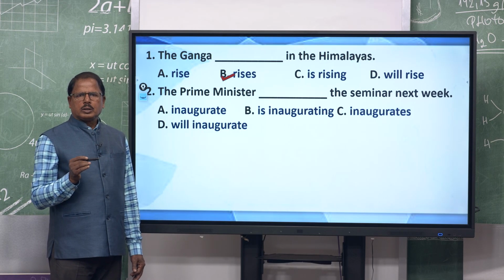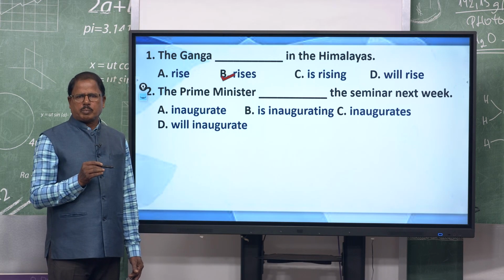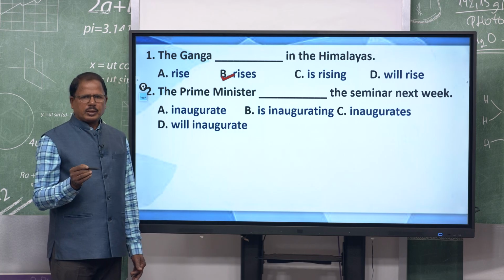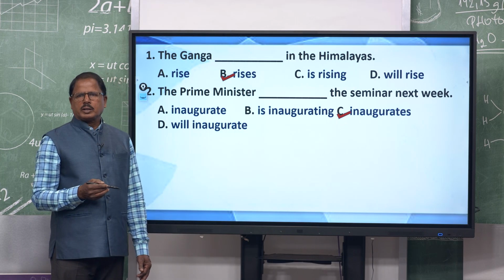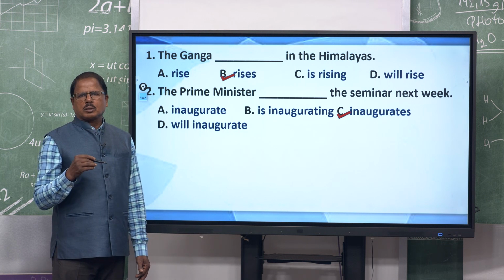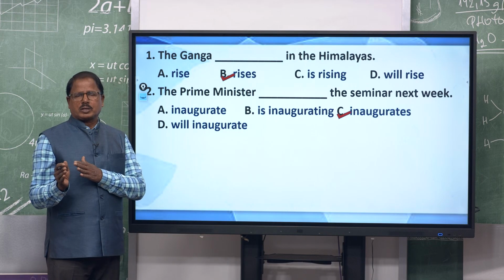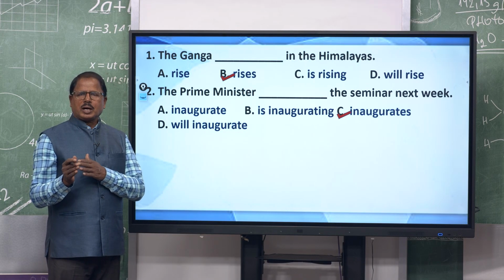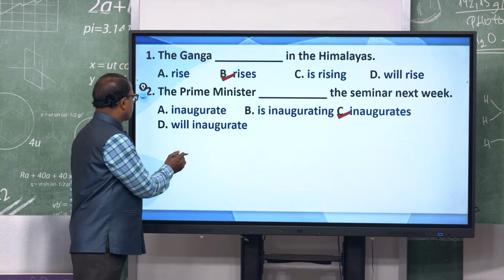When there is a government or official program which has been fixed by the government or any office, then we use the present simple form, so the answer is definitely inaugurates. The Prime Minister inaugurates the seminar next week. This is future time, the action will take place in future, but we use the present simple form, right.